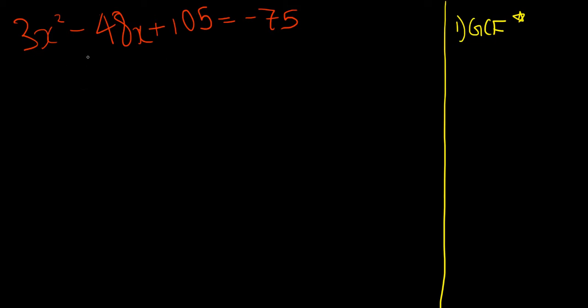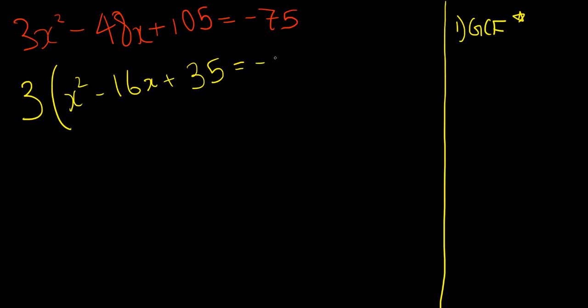Well, I see 3, so we're going to pull a 3 out, and rewrite this as x squared minus 16x, if you divide that by 3, plus what's 105 divided by 3? It's 35, equals negative 25. Okay, so that's that.